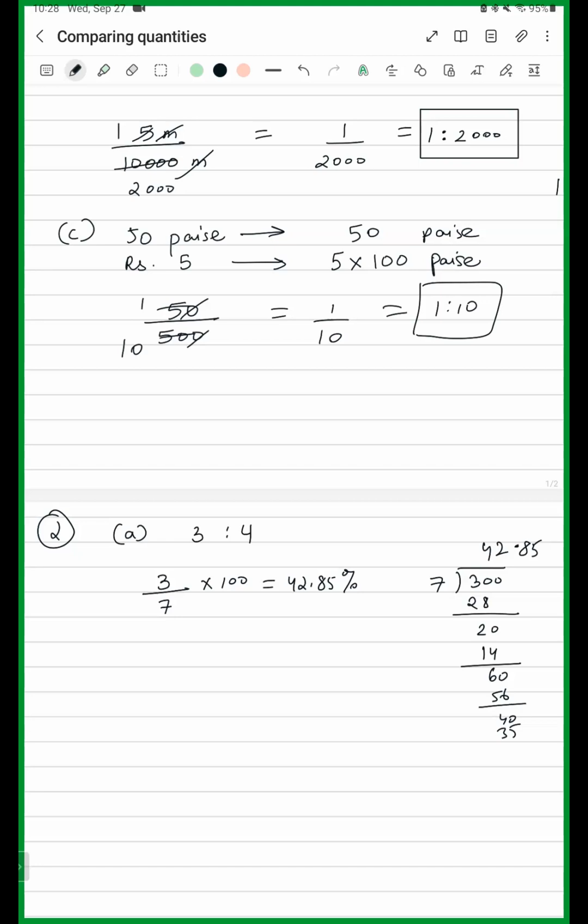Just a minute. Do the second one then. Now we have to do it for the 4 also. 4 by 7, same thing. 4 by 7 into 100. Do it.